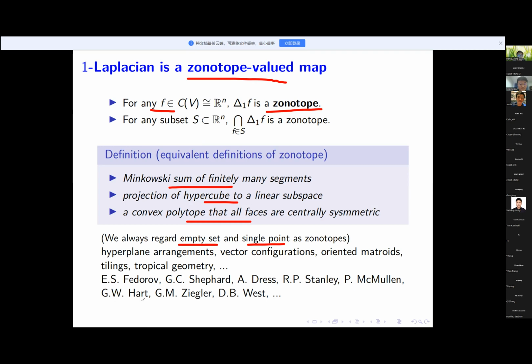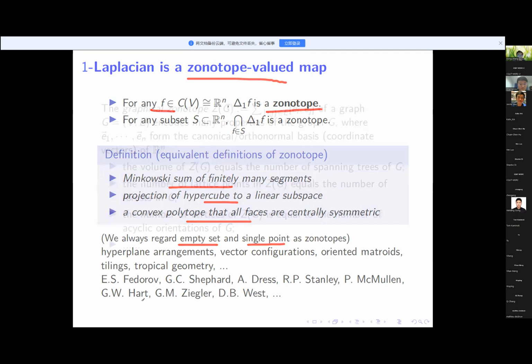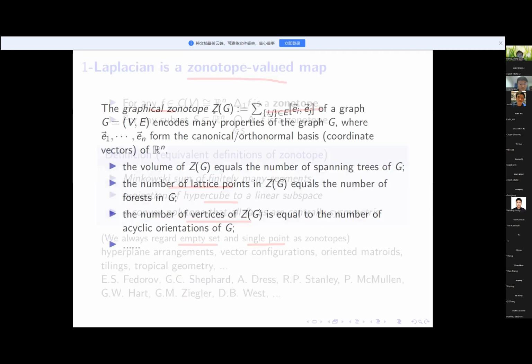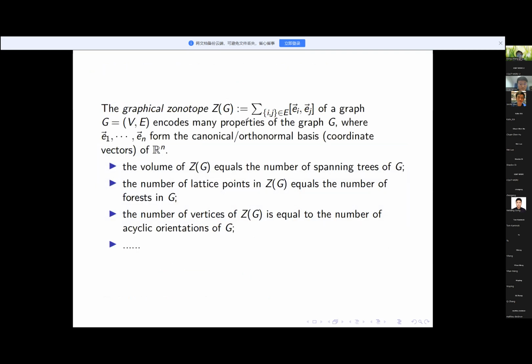As a special zonotope, the graphical zonotope encodes many properties of the graph itself. Here the graphical zonotope Z of G is defined to be the Minkowski sum of the segments with endpoints e_i and e_j for each edge ij, where e_1, e_2, up to e_n form the canonical basis of R^n.